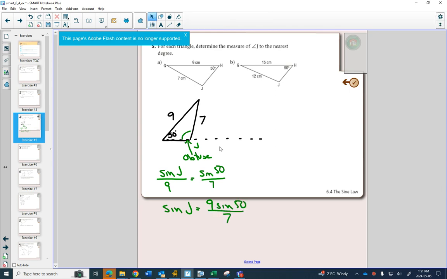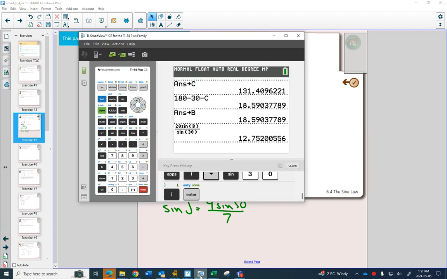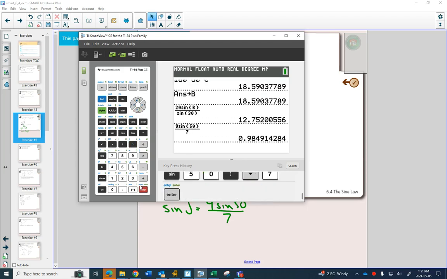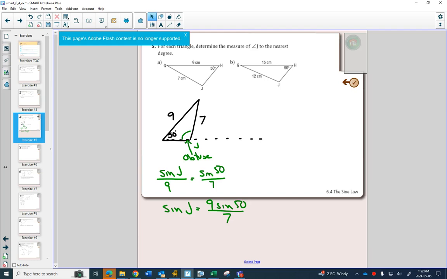And if I do 9 sine 50 over 7 on my calculator, I get 0.985. Which is positive. So according to my CAST rule, it could be in quadrant 1 or quadrant 2.